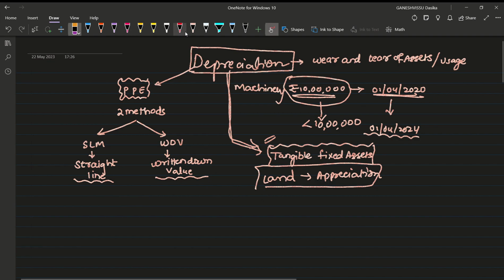Depreciation has different methods. There are more methods other than these two, the straight line method and the written down value method.